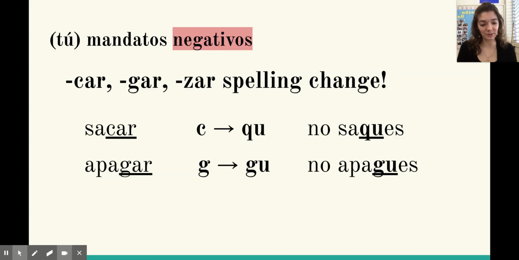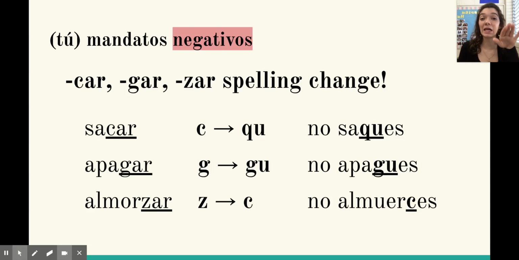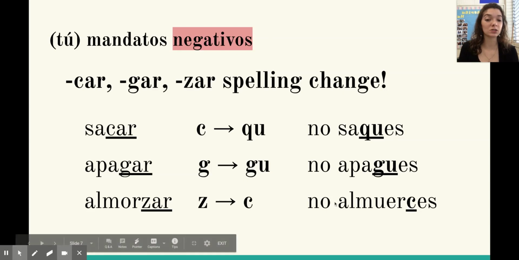And zar, almorzar, to have lunch, to eat lunch. In the yo form, almuerzo, but I don't want almuerzes, I want almuerces with an S sound happening there. Therefore, the Z changes to a C. And this is only in the negative form.